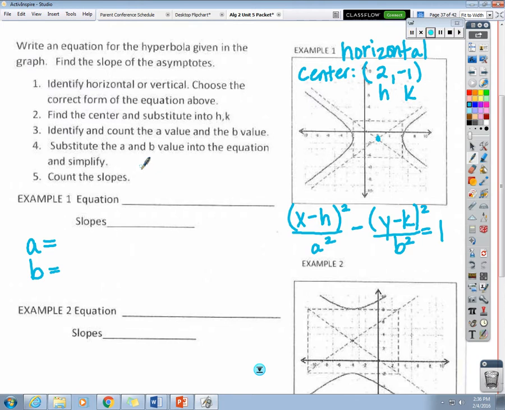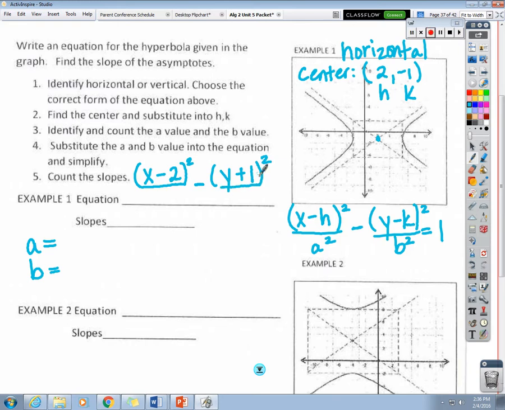Okay, so let's start writing the equation. x minus h. What would I fill in here? 2, squared over, I'm just going to leave that blank for a second. I'm just focusing on the center first. y minus, right, it'll turn to a plus 1 because a minus and negative is a positive.